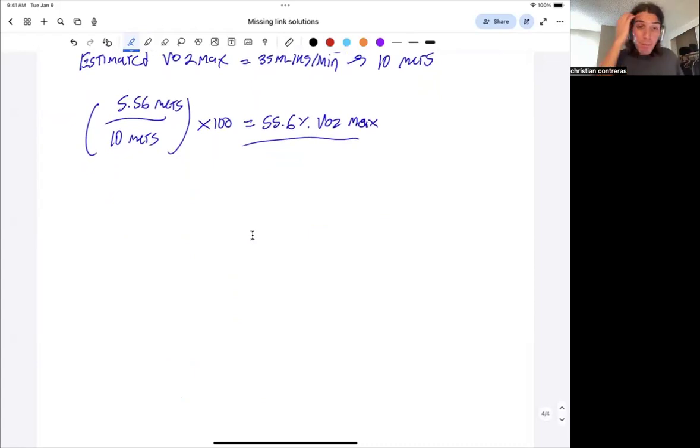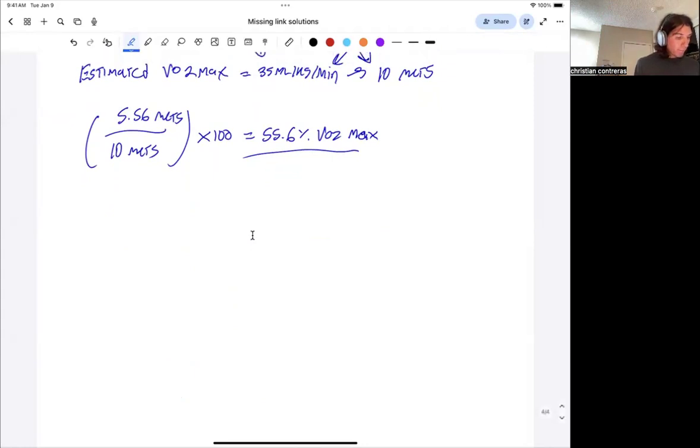So what steady state heart rate does she need to work at? First we're going to plug this into our formula to get the percentage heart rate.